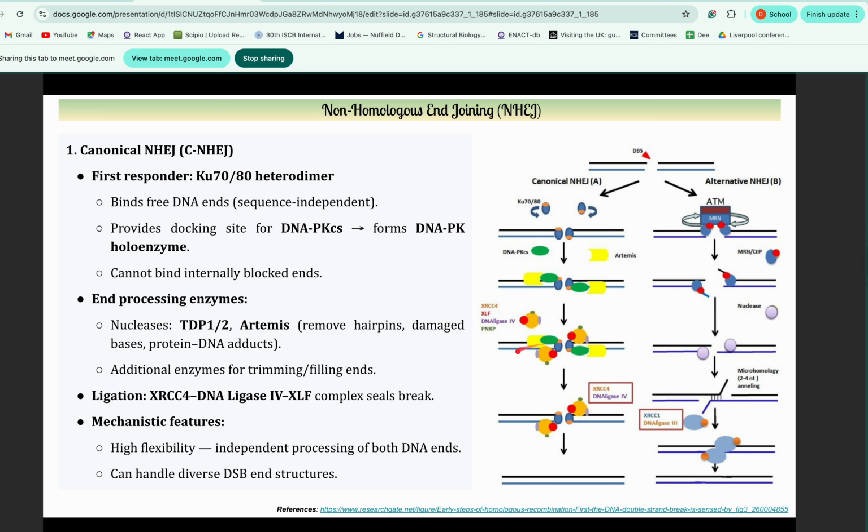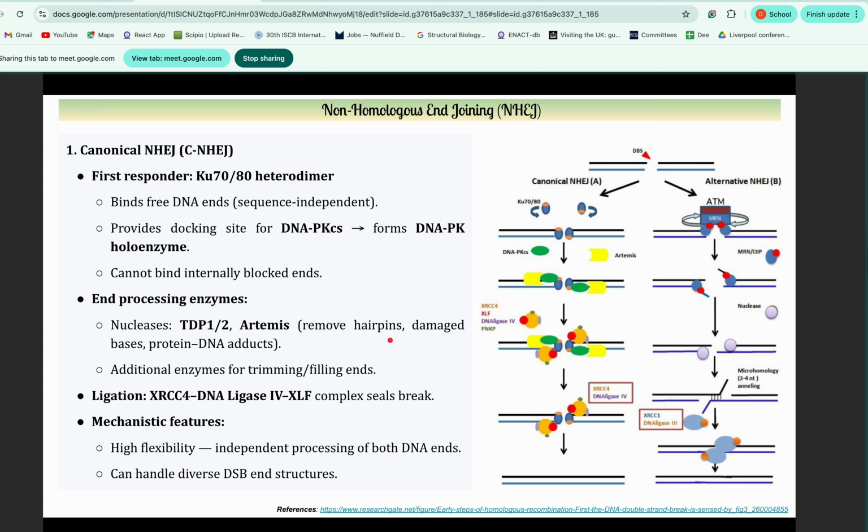Then after this, the ultimate stage is to ligate the double stranded region. Now keep in mind that if there is a double strand break, then due to this resection process, due to these nucleases, it is also degrading some of the nucleotide bases, due to which we can lose some information. That's why this is known as the error prone repair mechanism.